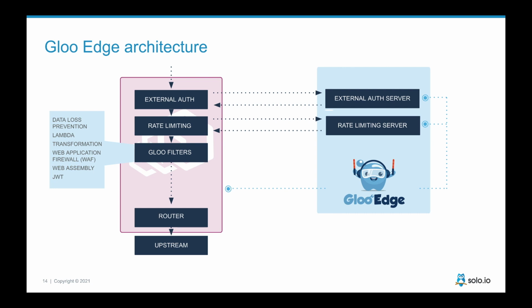So there is an open source version of GlueEdge, but if you use the open source version, then you have to build your own external authentication server, your own rate limiting server, and you don't get all these filters. You get some of them, but you don't get the web application firewall or JWT, and basically everything that is really related to security is in the enterprise version, and that's what I will use in the demo.